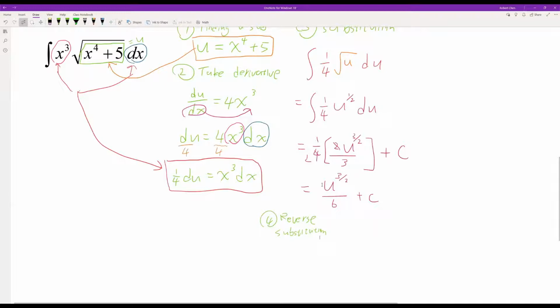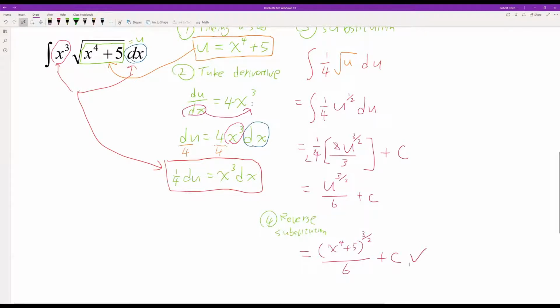All right, so we're going to replace this u with x to the 4th plus 5. That will look like x to the 4th plus 5 to the power of 3 over 2 all over 6 plus c. Okay, and we're done.